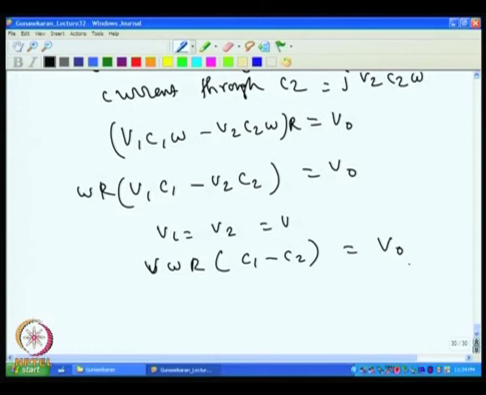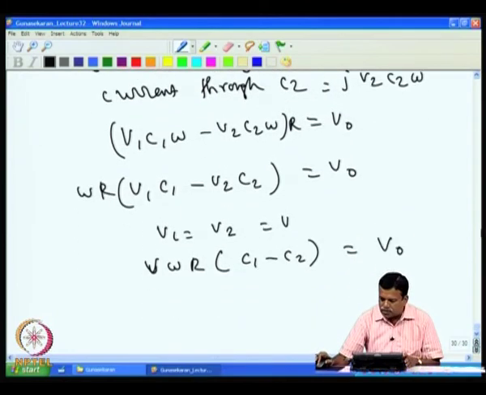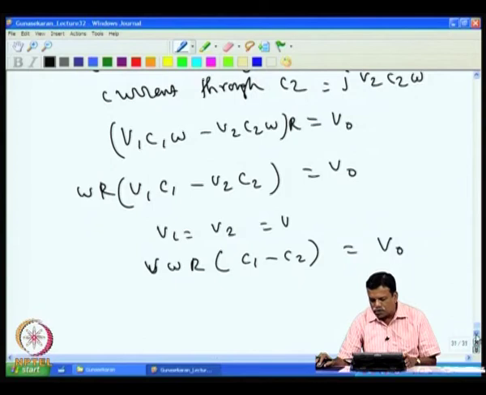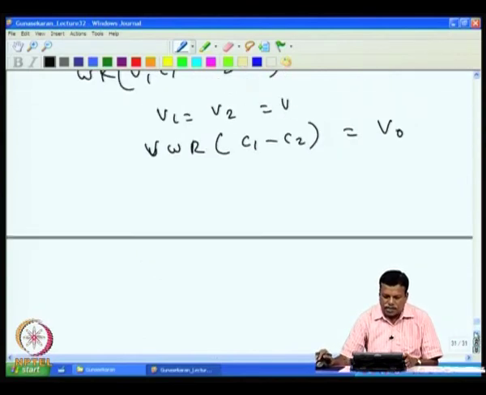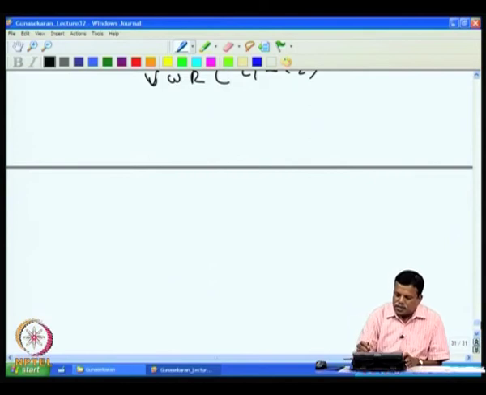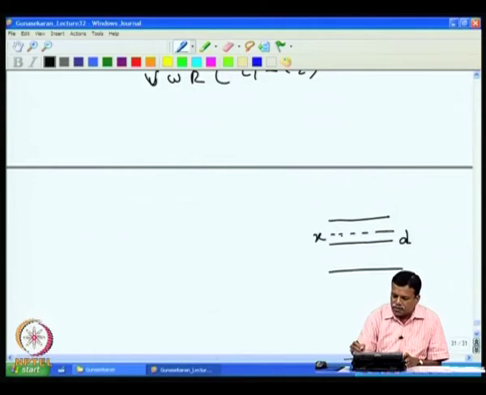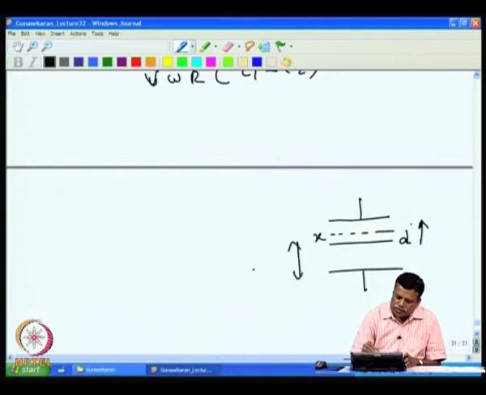But then C1 is coming because of one capacitor with respect to D. So, if I take, for example, the capacitor movement like this, if I take the center plate at the midpoint at D, and it moves to D plus x, then if the center plate moves by x, this distance becomes x plus d, and this distance becomes x minus d.